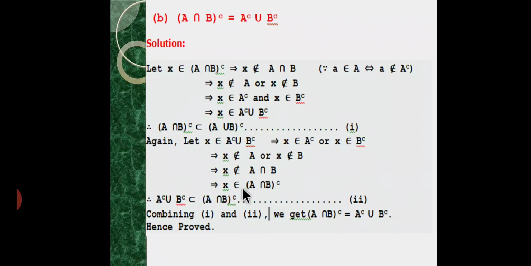X belongs to A intersection B whole complement. So here A complement union B complement is a subset of A intersection B whole complement. Let it be equation 2. From 1 and 2 we get A intersection B whole complement is equal to A complement union B complement.